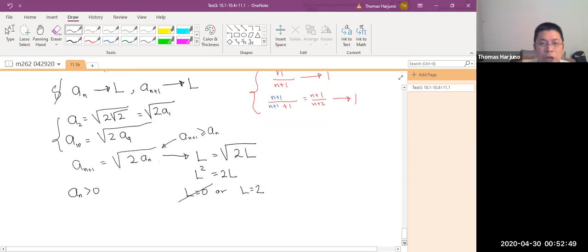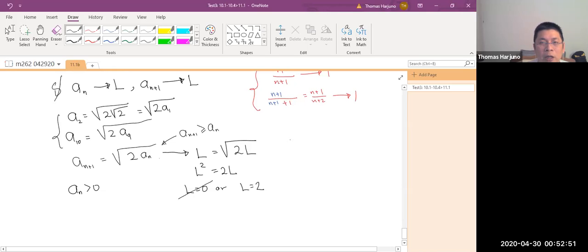Notice that I can change this question and vary it into, for example, this: A sub n plus 1 equals square root of 3 times A sub n. You see what I mean? And that's still convergent. In fact, it will converge to 3.